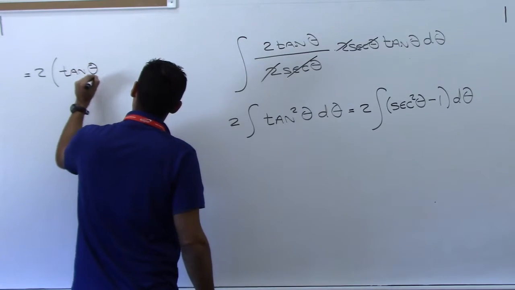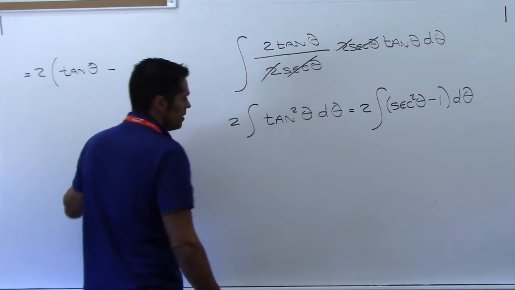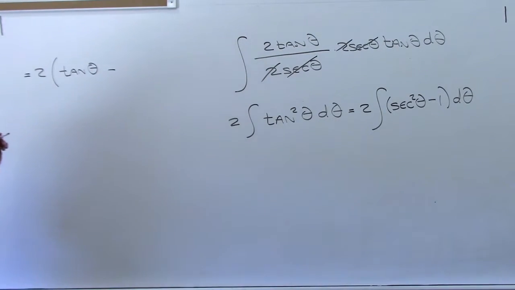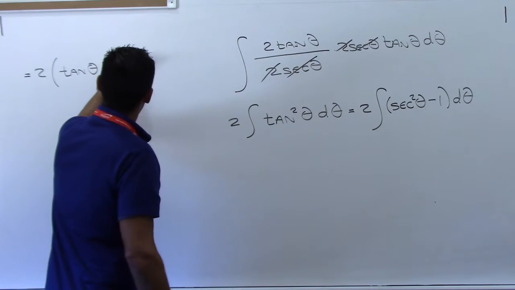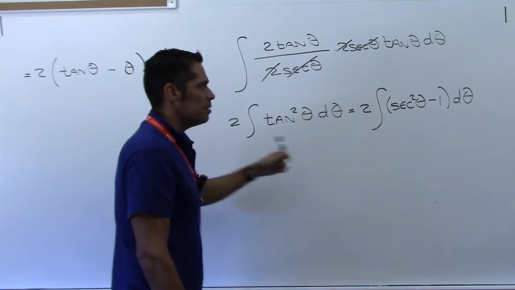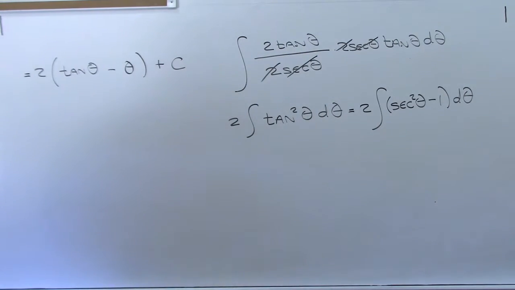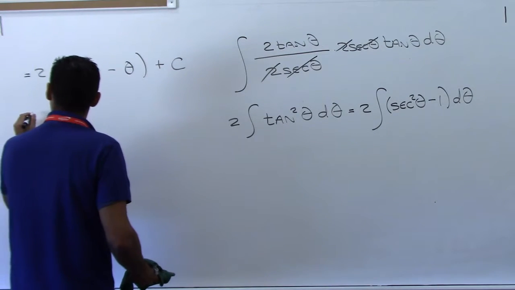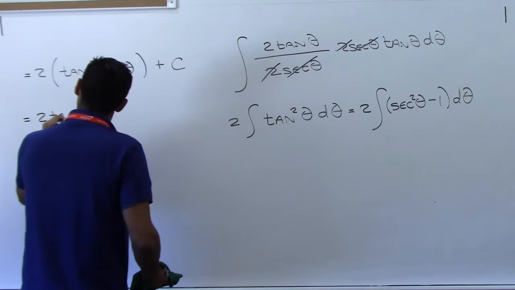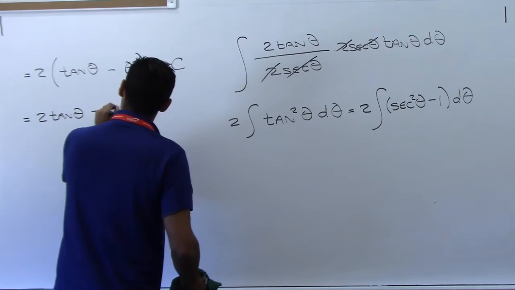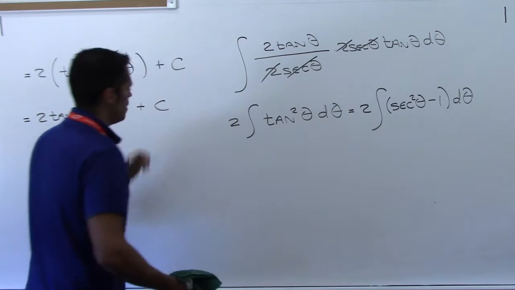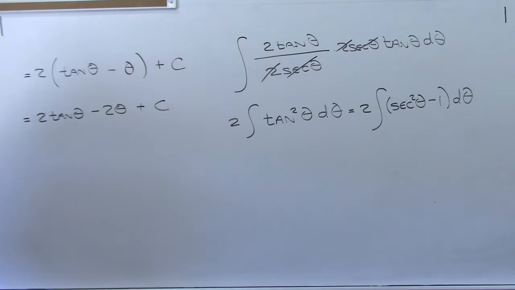And the antiderivative of 1 is theta in this problem, because theta is the variable we're integrating with respect to. And that's our answer. But we need to get it back to x now, don't we? I'm going to distribute the 2. I didn't have to. I just didn't like it sitting out there all lonely.